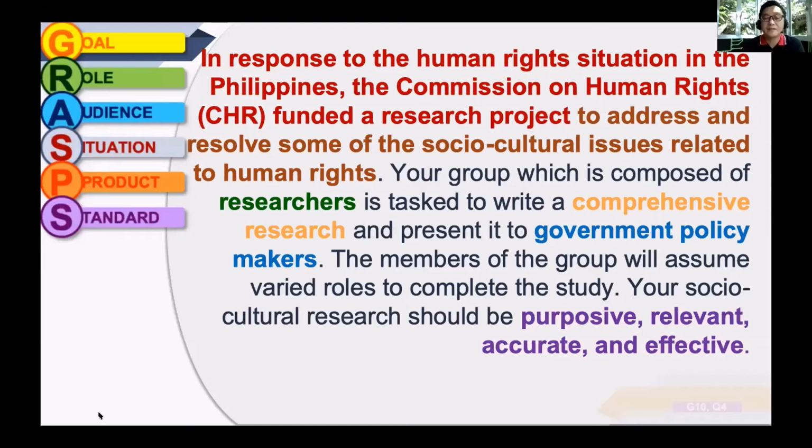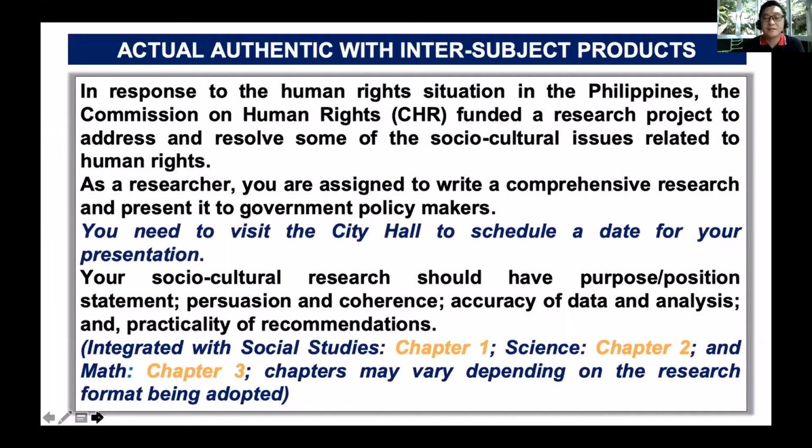That makes it sound very authentic, when there is a mention that you need to visit the city hall to schedule a date for your presentation. Your socio-cultural research should have a purpose or position statement, persuasion and coherence, accuracy of data and analysis, and practicality of recommendations.